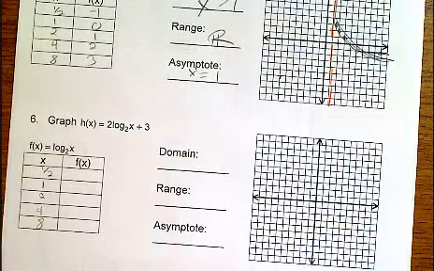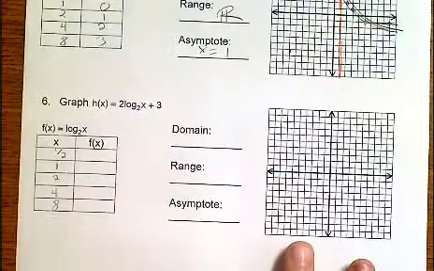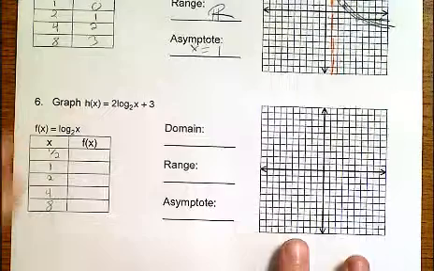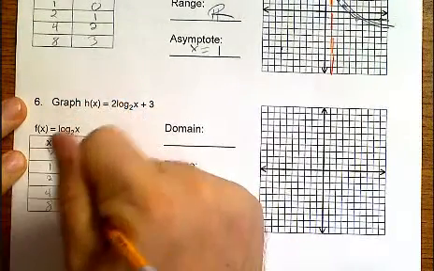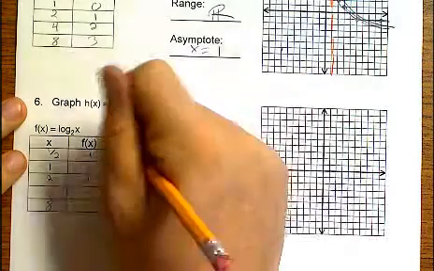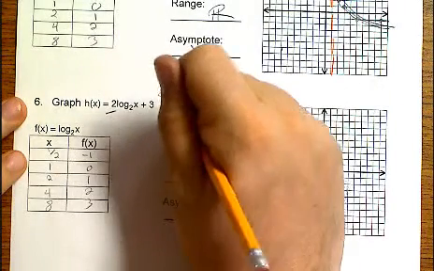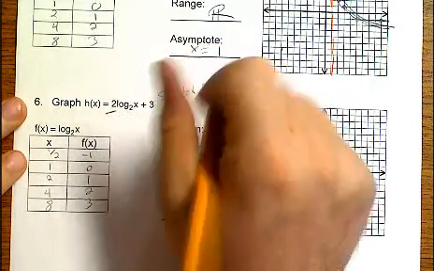Moving on to number 6. We fill these out, negative 1, 0, 1, 2, and 3. We stretch 2 and up 3.